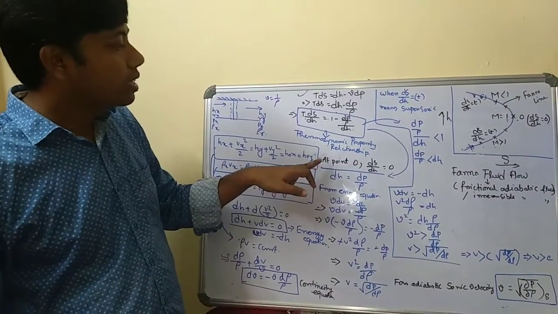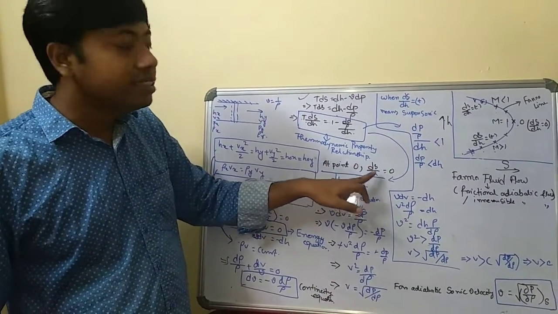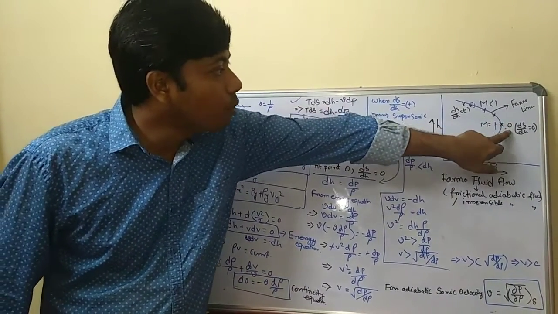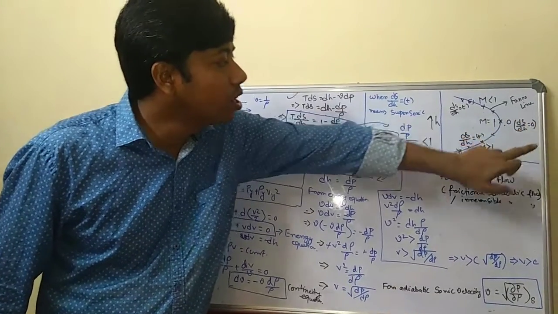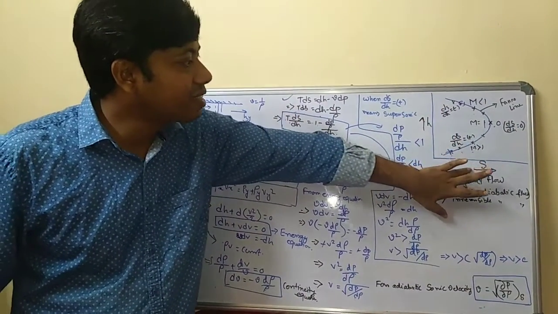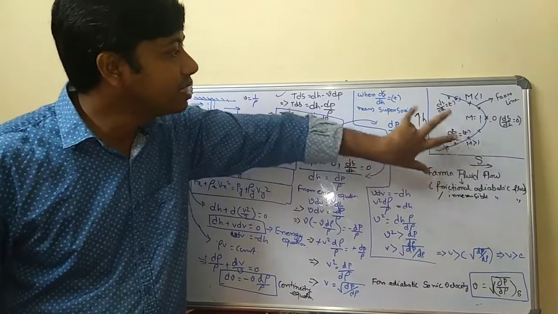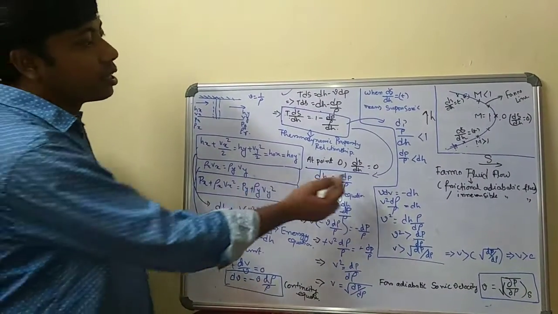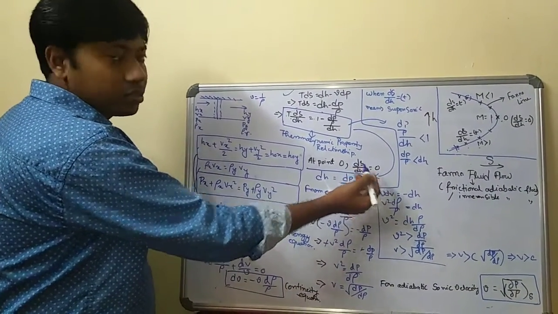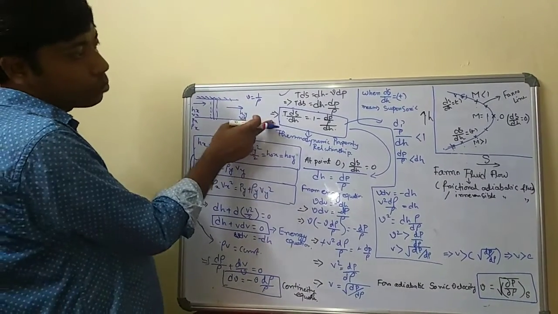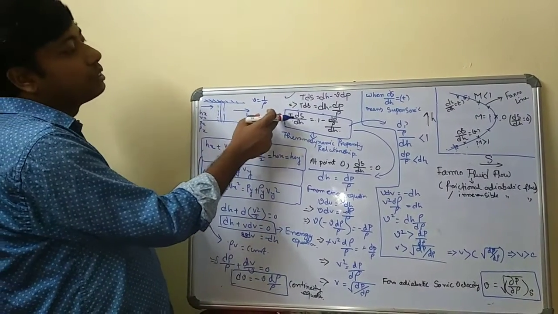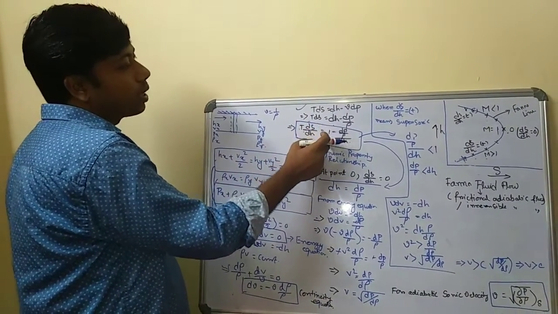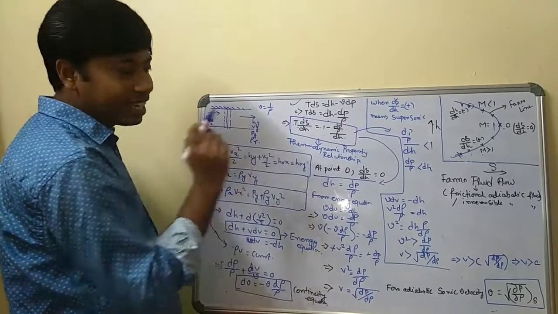Now, at point O, dS by dH is equal to 0, because this is the maximum point of entropy, so dS by dH will obviously be 0. From the thermodynamic property relationship, T into dS by dH is equal to 1 minus (dP by rho) divided by dH.